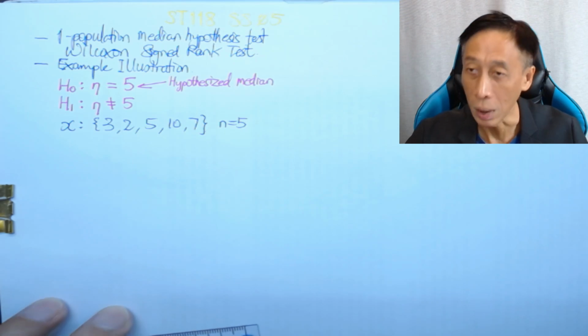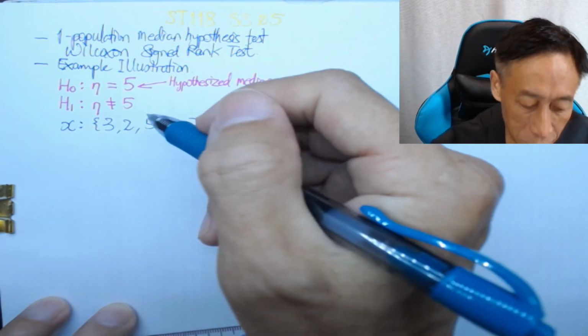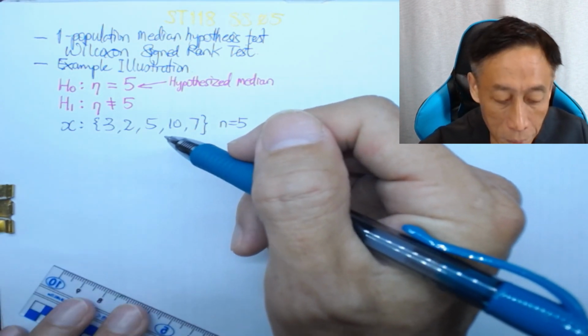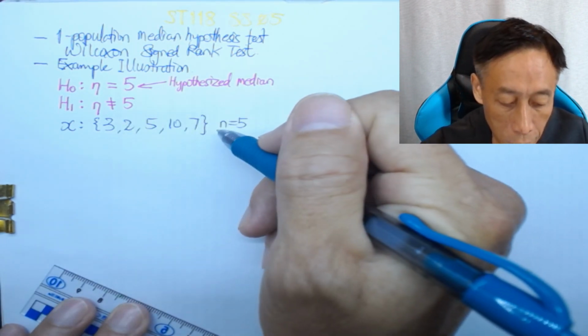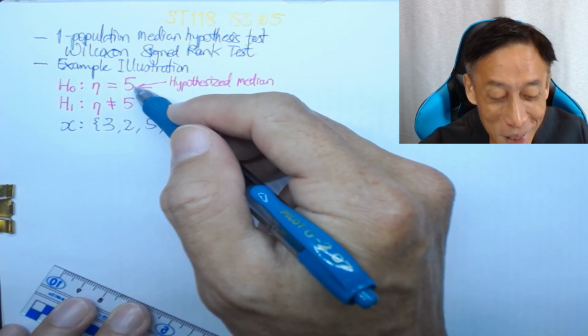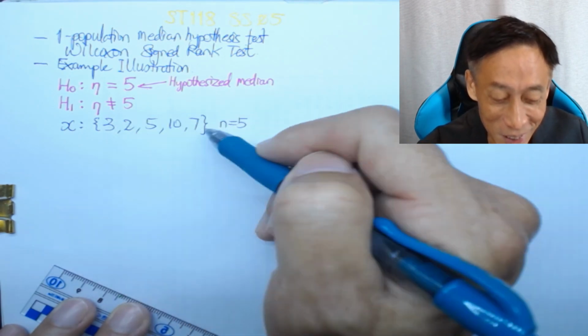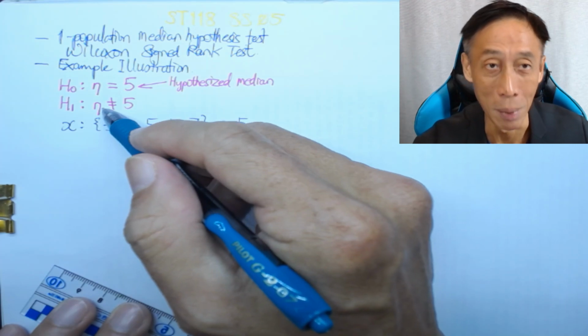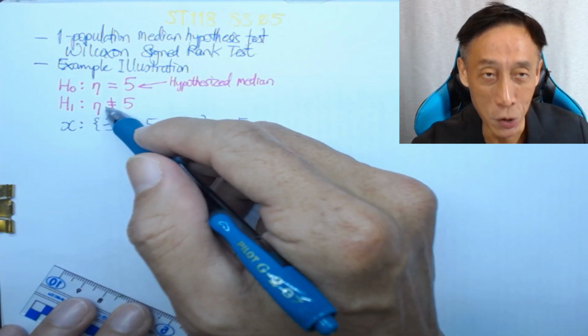Next thing is we want to calculate the ranking. Now, the hypothesized median is 5 and the sample size is 5. But this is n, this is eta, a Greek letter. Remember, Greek letter represents a population parameter.